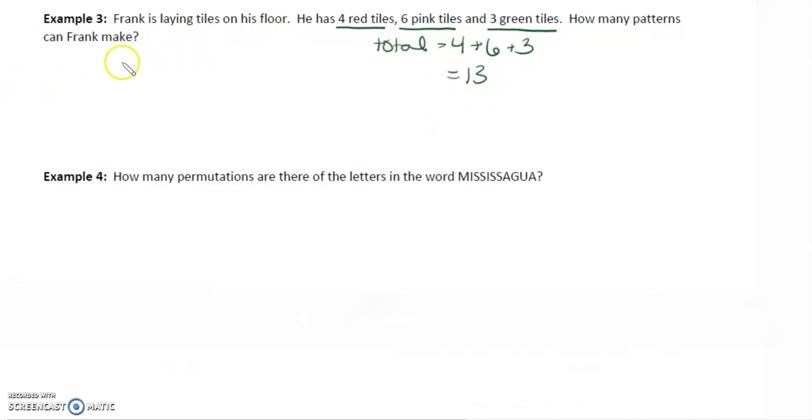So the total number of ways that Frank can lay the 13 tiles in order is 13 factorial. But the red tiles, we have 4 of them, so we're going to divide by 4 factorial. We have 6 pink tiles, so we're going to divide by 6 factorial. And we have 3 green tiles, so we're going to divide by 3 factorial.